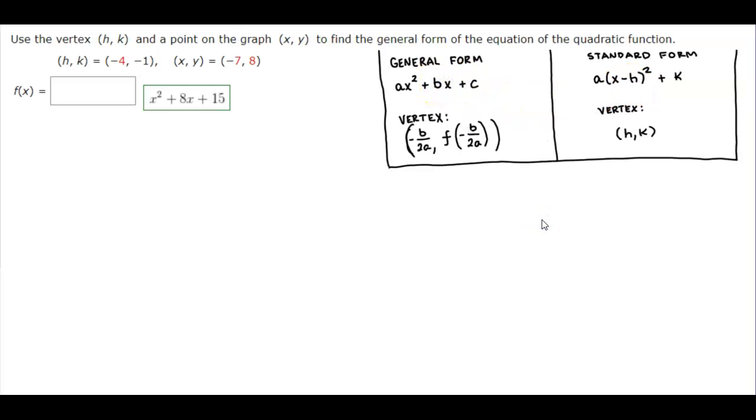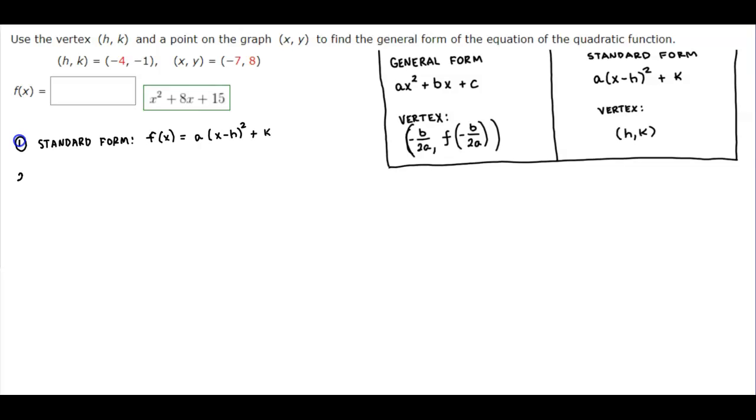So let's first start out by using the standard form here. Okay, so what do we know about the standard form? Well, before we figure out what it looks like in standard form, we're going to look at what's given here. Standard form is f of x equals a times (x minus h) squared plus k.